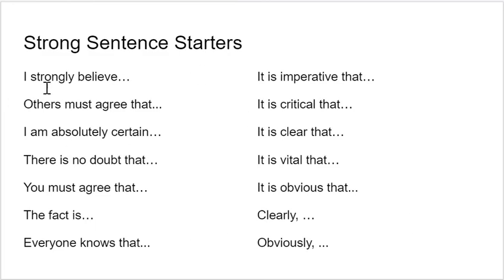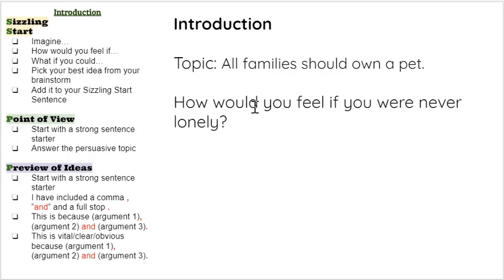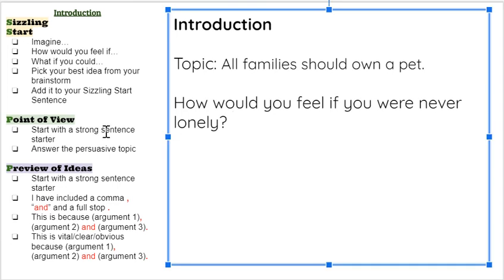We've got I strongly believe, others must agree that, I'm absolutely certain, there is no doubt that, you must agree that, the fact is, everyone knows that, and so on. Which one am I going to pick? I'm going to pick I'm absolutely certain. So let's put that in.